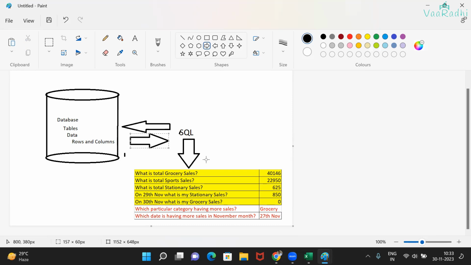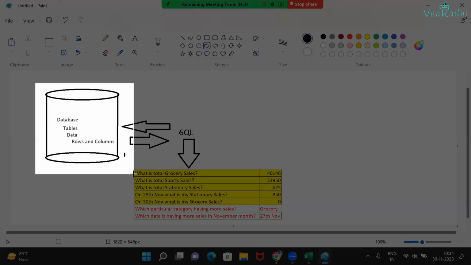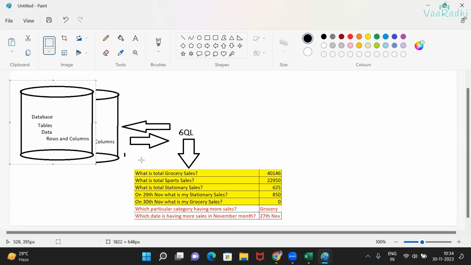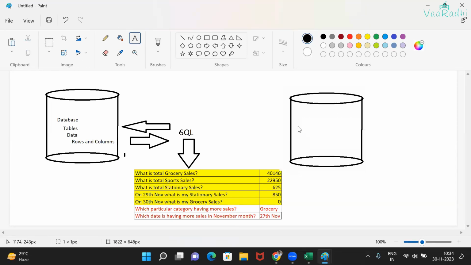Once you are able to analyze your data, all the analytical results will be saved in a system called a warehouse. Again, a warehouse is nothing but a database, guys. You can treat a warehouse as a godown.